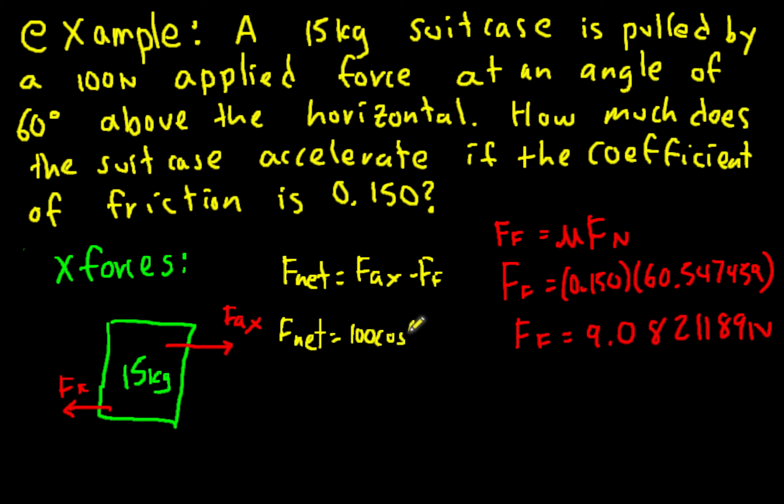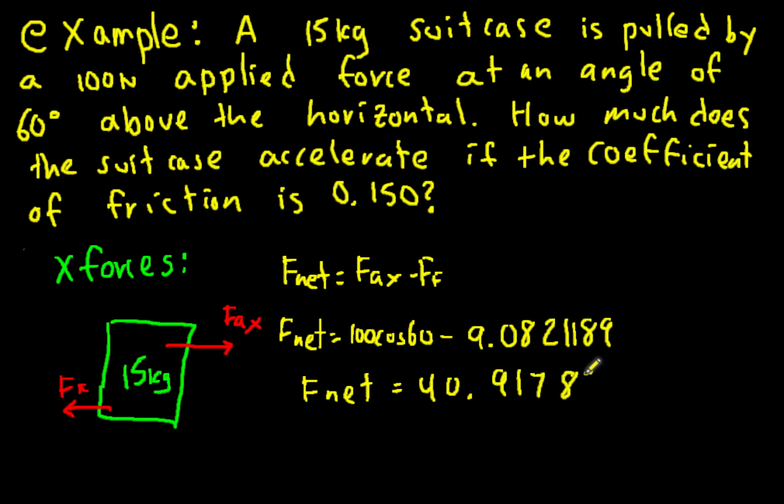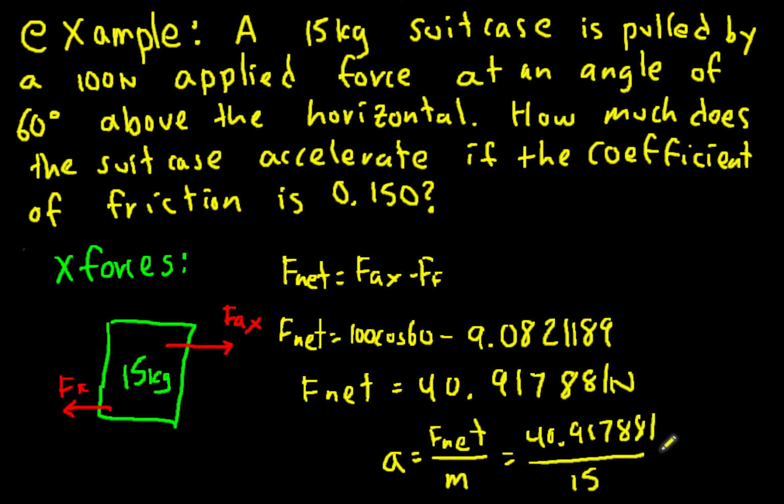The applied force in the x direction is 100 cos 60 minus the force of friction, which is 9.0821189 newtons. This gives us an F net on the suitcase of 40.917881 newtons. And we can calculate acceleration by dividing the F net by the mass of the suitcase, which is 40.917881 divided by 15 kilograms. This gives us an acceleration of 2.73 meters per second squared.